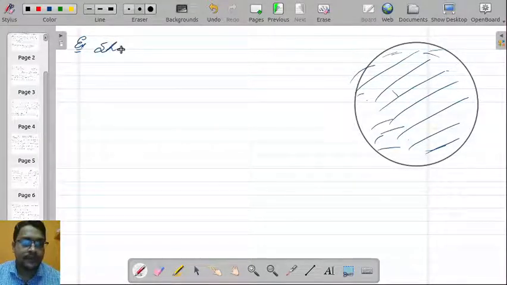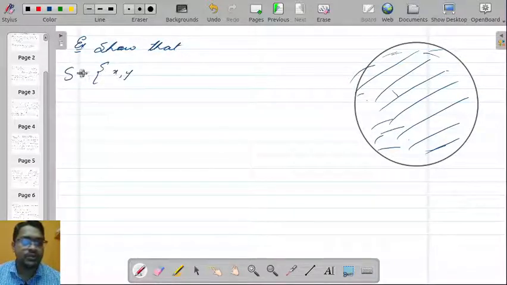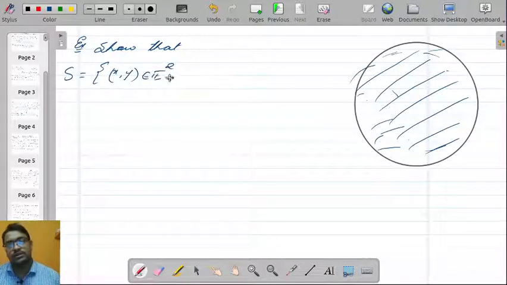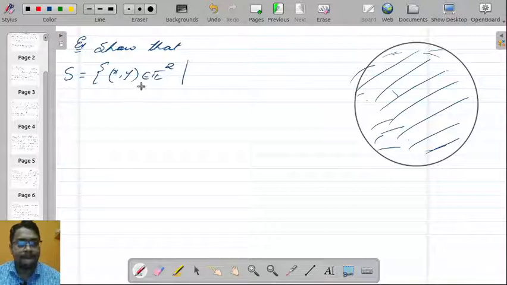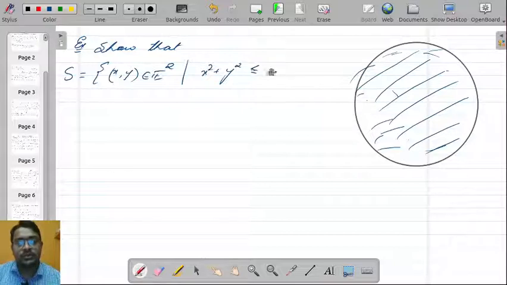So show that this set S equal to the set of all those (x, y) in E square, let us first do it for E square, such that x square plus y square is less than or equal to, say, some number, say 5.